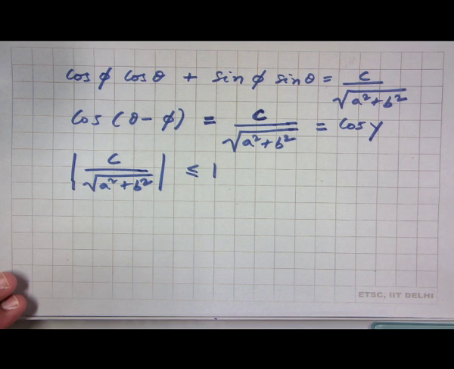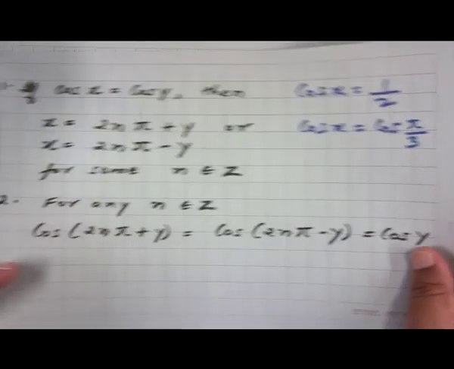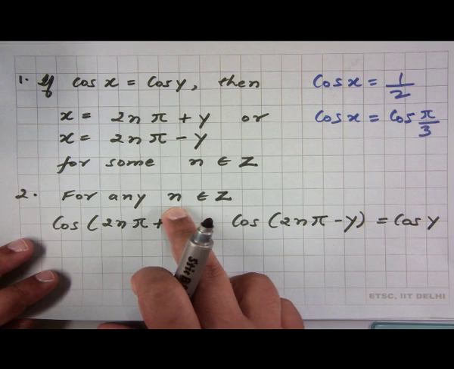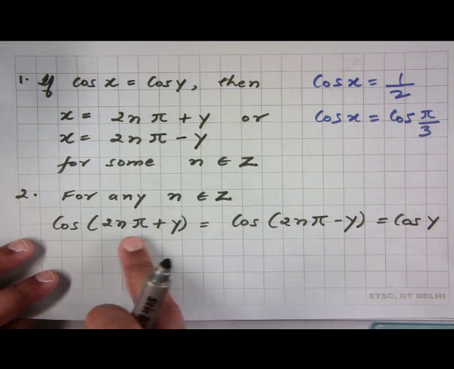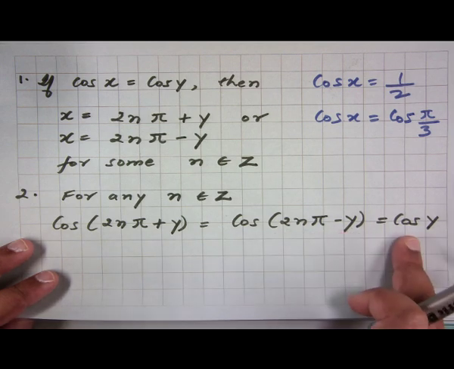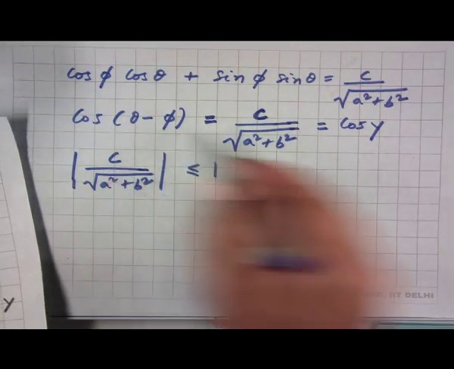And then we will use what we just studied in one of the previous slides, where we had said that for any integer n, cos of 2n pi plus y is equal to cos of 2n pi minus y, which is the same as cos y. So, we have a similar equation here, like cos x equals cos y.